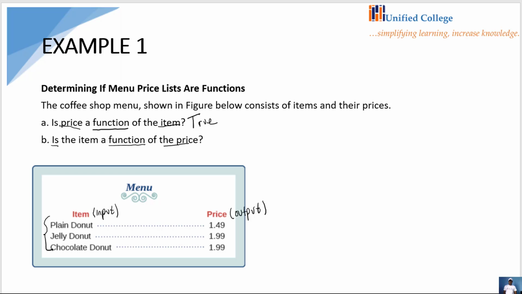Now question 2 says, is the item a function of price? How do we do this? It's better you do it this way. Rearrange it, put your price at the input level and put your item as the output.